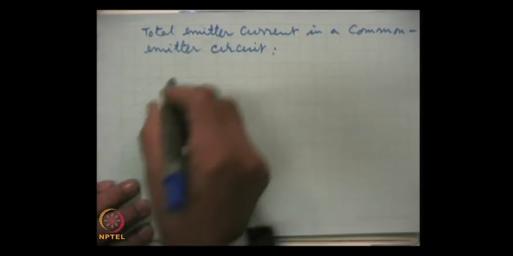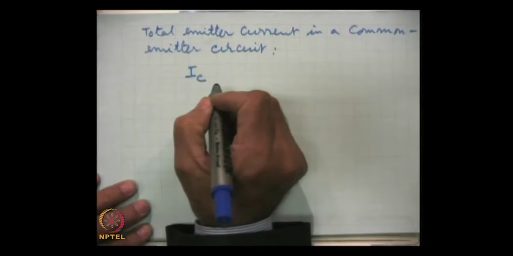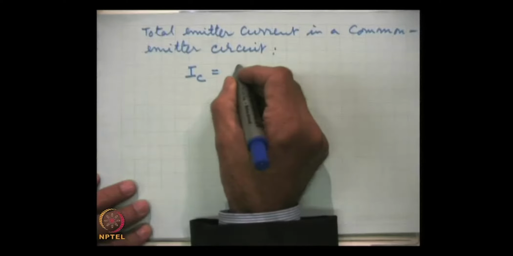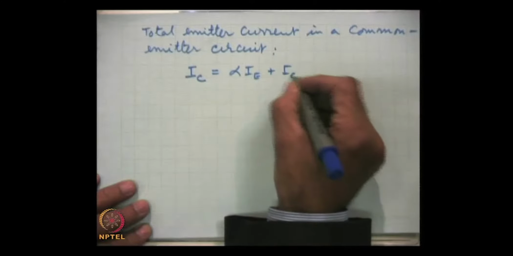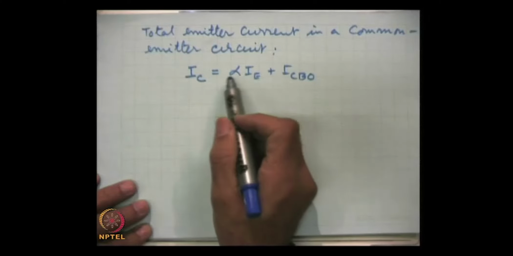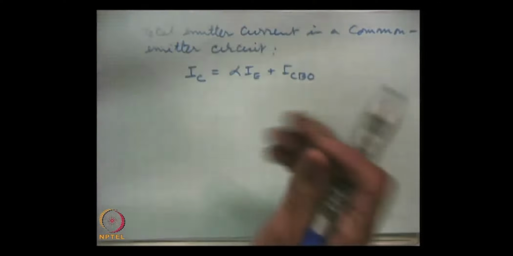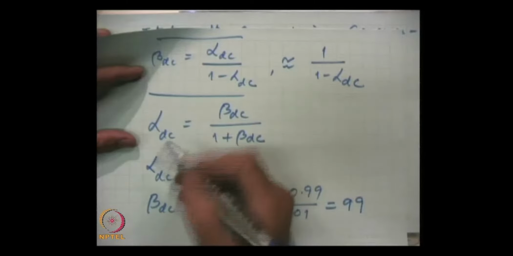You will remember that we arrived at an expression for total current in the common base circuit, and this was equal to alpha I E plus I CBO. We said alpha is a constant, and now we know what this alpha stands for. Alpha DC is one and the same thing. Actually, why have we put a DC? When AC is superimposed on the circuit, for example, we are interested in the amplification of AC signals.